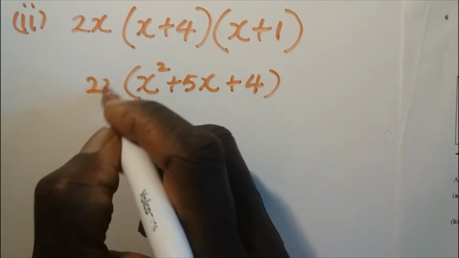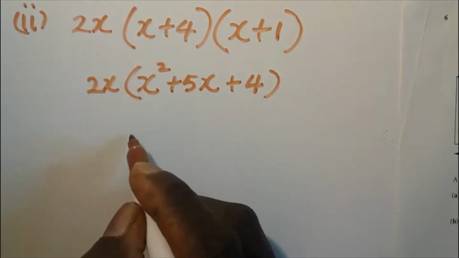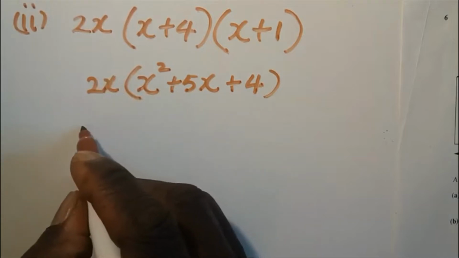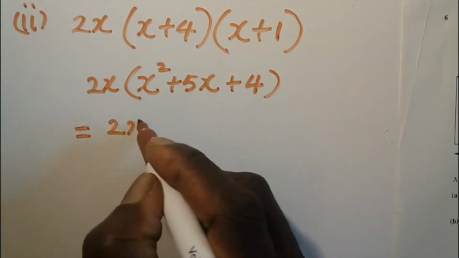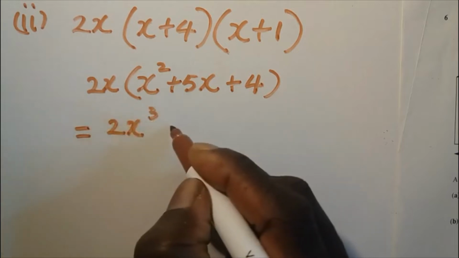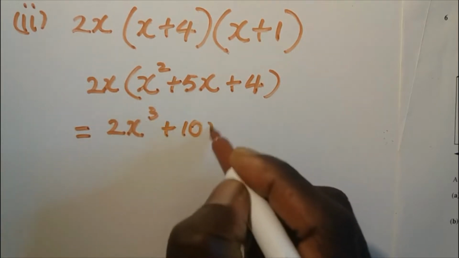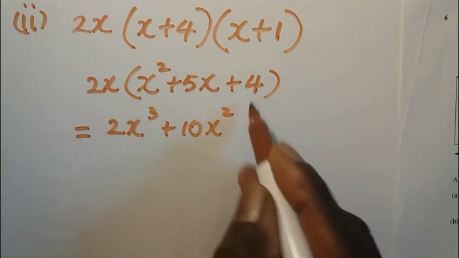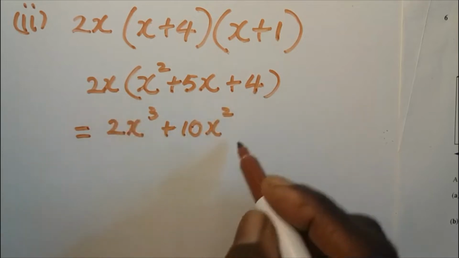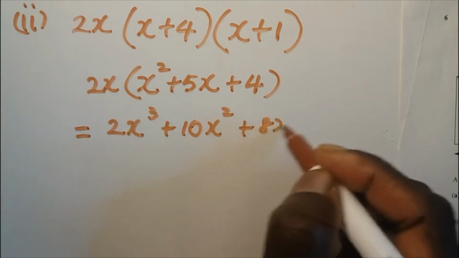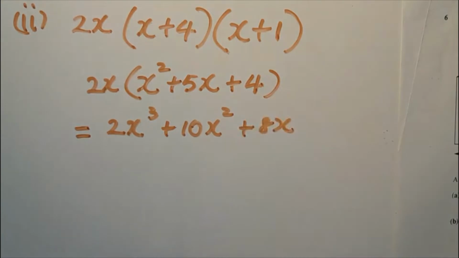And now we have to multiply all of this by 2x. This is equal to 2x cubed, add 10x squared, 2x times 4 is 8x. So that's part 2I A.